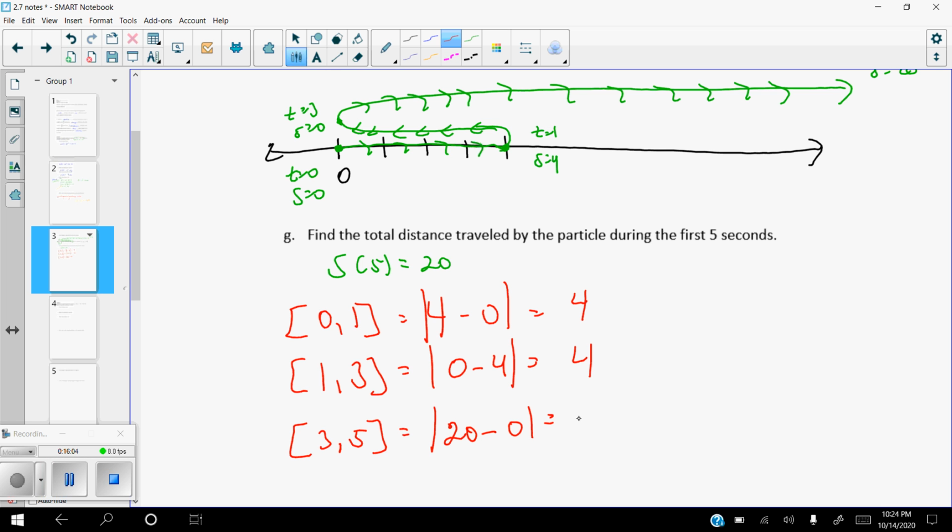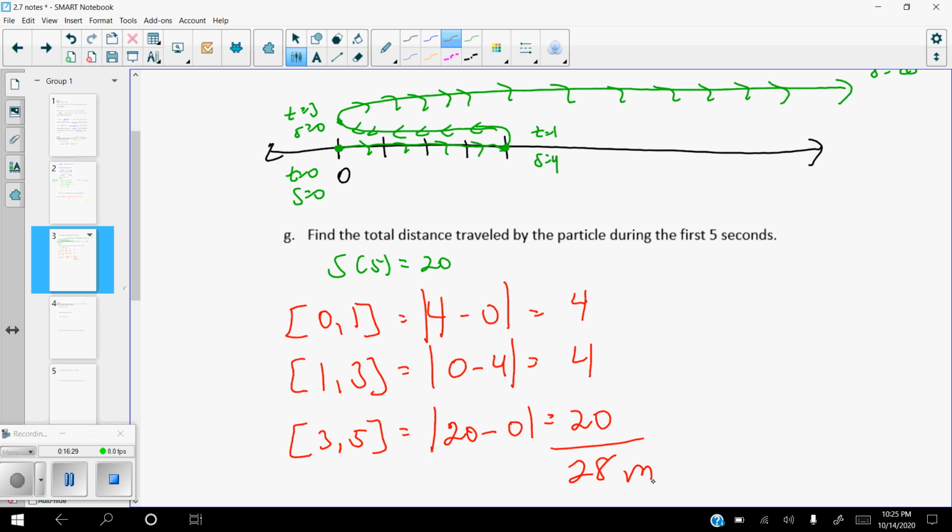So 20 minus 0 is 20. So it tells me, and again, you could have looked at your sketch to know this, it moved 4 units to the right, 4 units to the left, 20 more units to the right. So it moved a total of 28 units. I think we had meters in this case, so it'd be 28 meters.